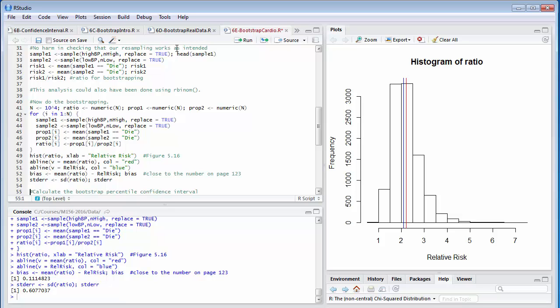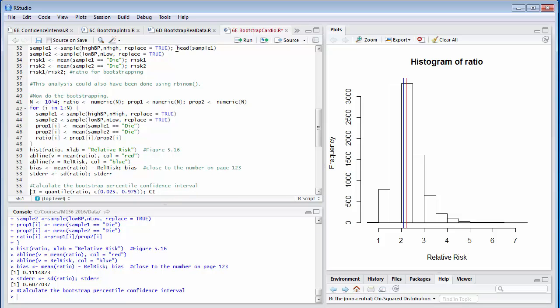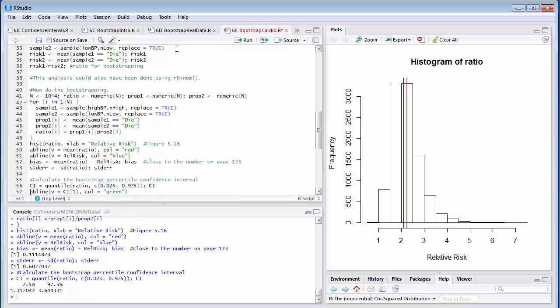Now we'll calculate a confidence interval. Let's do it the simple way. Compute the bootstrap percentile confidence interval by just taking this vector of ratios and asking for the 2.5% and 97.5% confidence intervals.